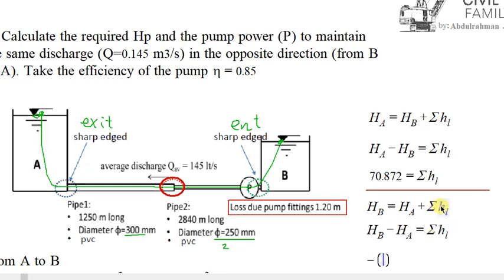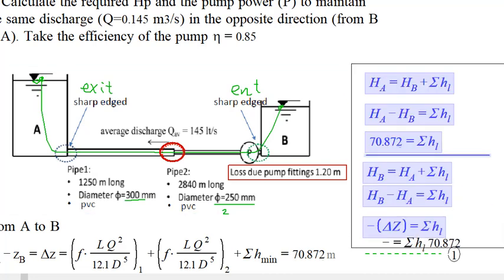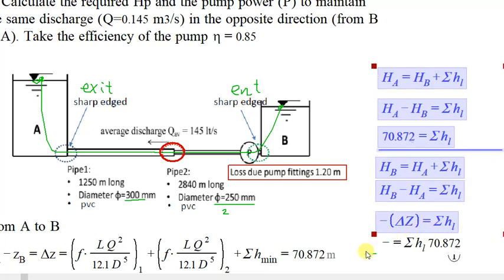It will be negative delta Z, which we already had. So negative 70 equals this.